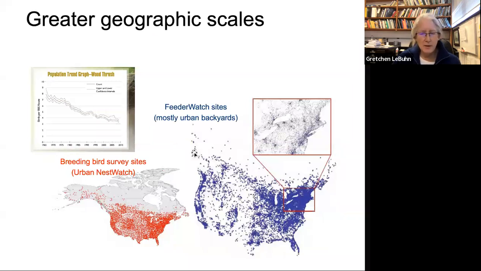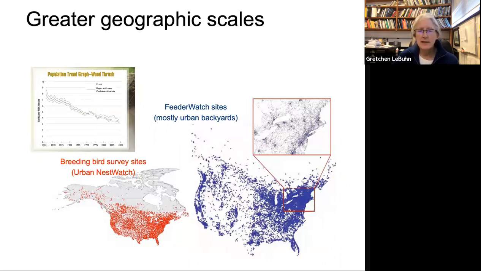If you can only imagine how much it would have cost to send a graduate student or an undergraduate out to each of these dots on this map to collect data on population trends of wood thrush, it would have broken the budget of any research project.